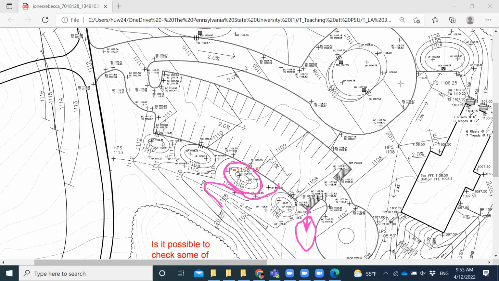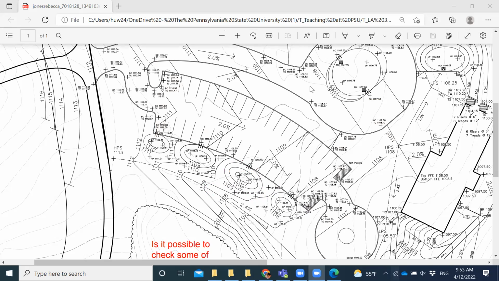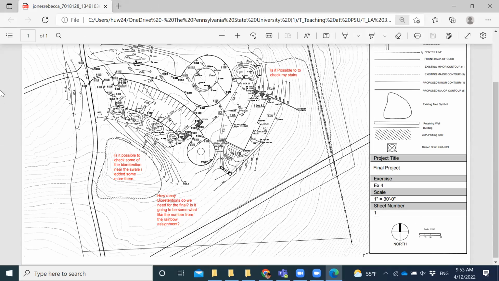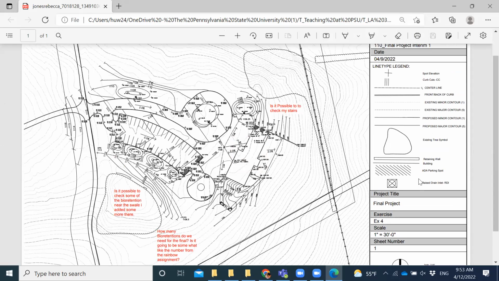Okay, the second thing I'm going to check is whether you have enough bioretention to treat all the water. So let me zoom out. Annotate. Use that one.